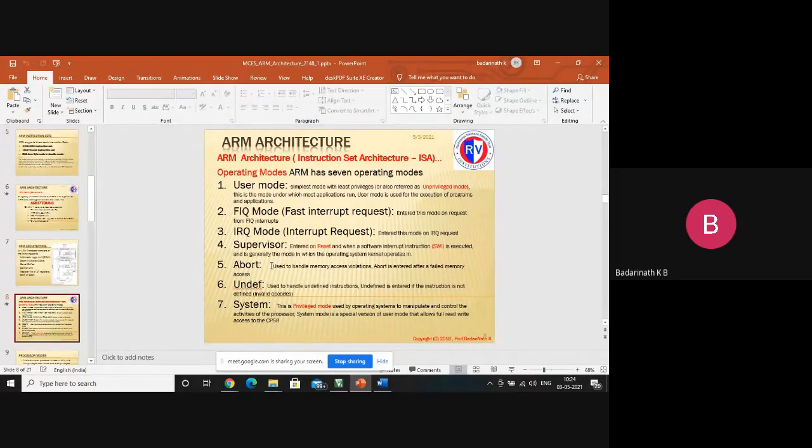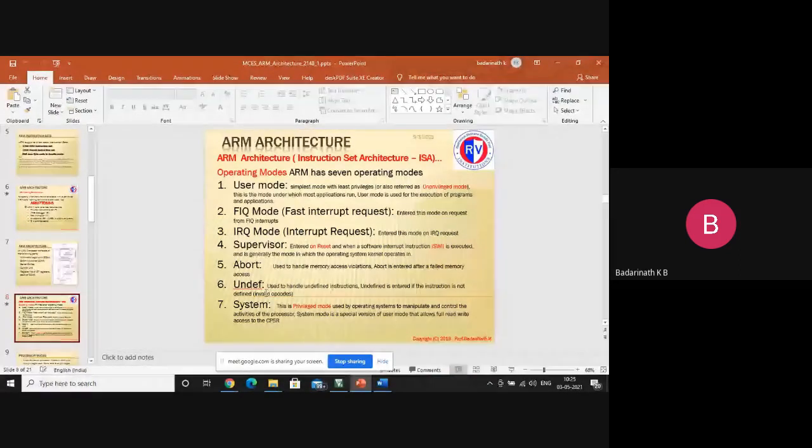Whenever you access memory which is not physically present in the chip, you get an abort exception. That means you go to the routine where handling that error is taken care of. Whenever you try to execute a 32-bit number which is not a valid instruction, an undefined exception is generated, and it branches to the set of instructions that handle this error.